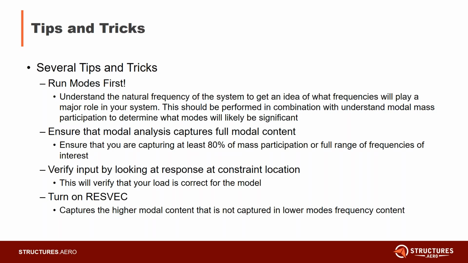Another good tip is to always verify the input at your response location. This will make sure that what you're actually putting into the model is correct. Many times you might forget to scale up your G load, and instead you're only applying 1 meter per second squared of a load as opposed to 1 G, or 9.81 meters per second squared.